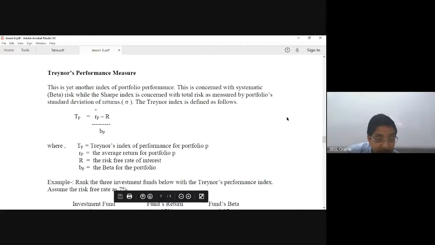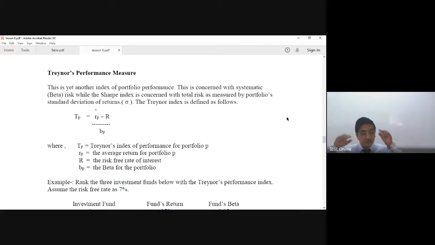Now make sure that you are familiar with the names. Sharpe performance measure. In some books I have seen it mentioned as Sharpe's index. Treynor's index, that's another way. But even in some books I have seen Treynor's performance measure and Sharpe's performance measure.